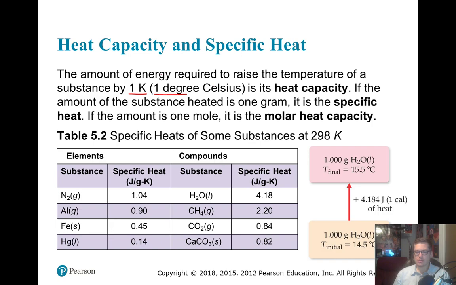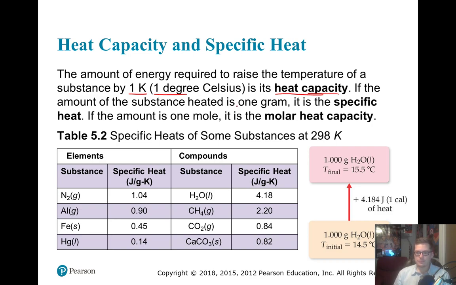So they're all given in Kelvin, but when we're talking about change in temperature, we can just use Celsius right away. The amount of energy required to raise the temperature of a substance by 1 Kelvin is its heat capacity.